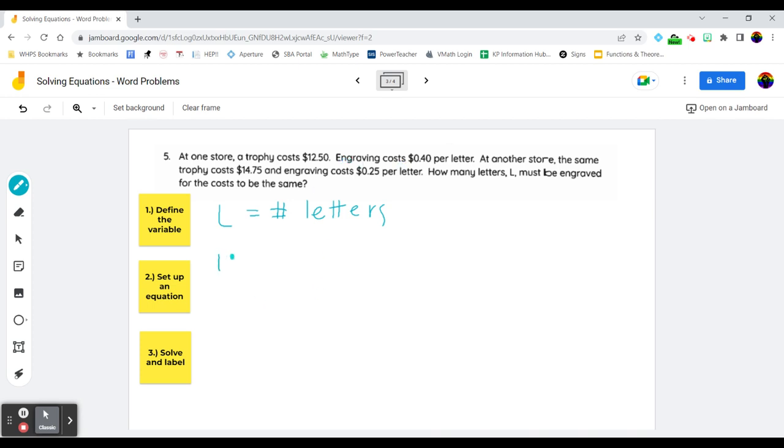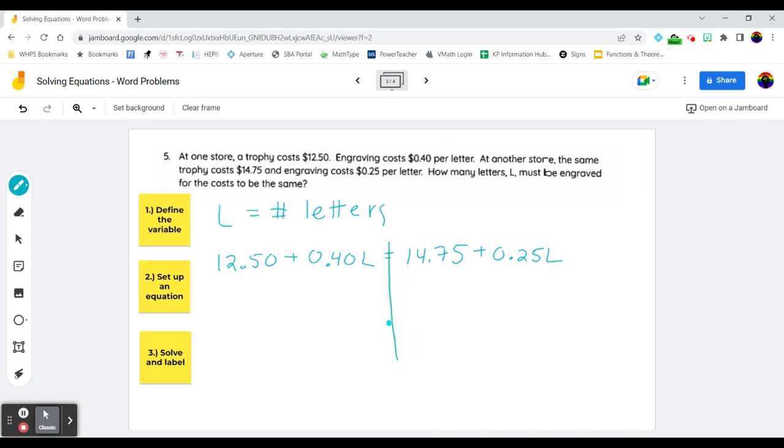So the cost of the trophy at this store is $12.50 plus 40 cents per letter. And at another store, it's $14.75 for the trophy with 25 cents per letter. Again, we want where the two stores are going to be the same to engrave.